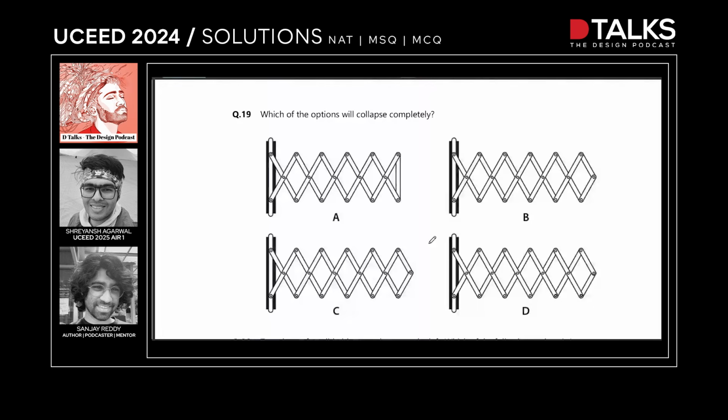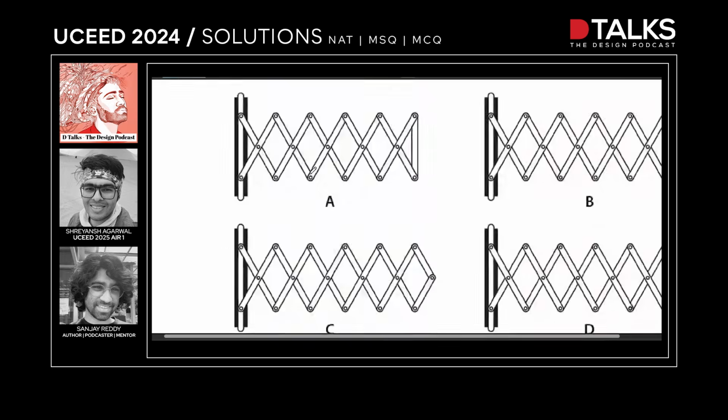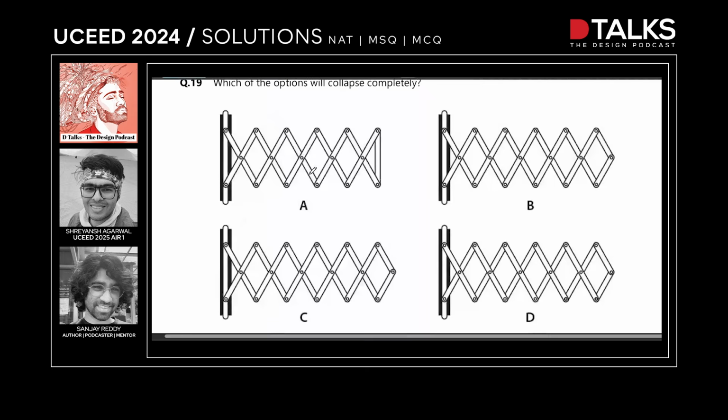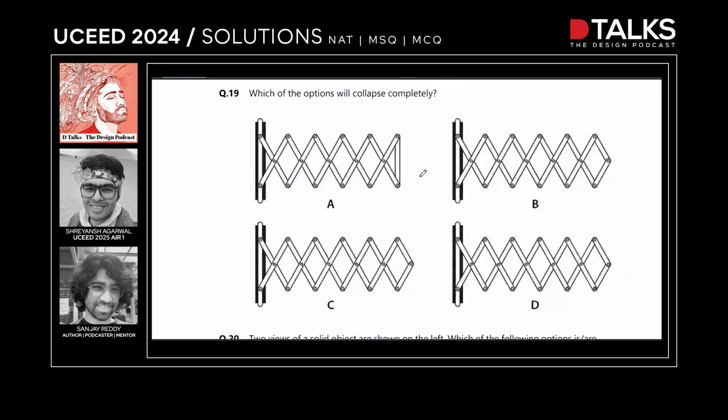Another tough one. Okay, so to make this obvious, straight lines cannot change their length. As you can see, whenever you try to collapse this, these slanting pieces want to expand like this, right?